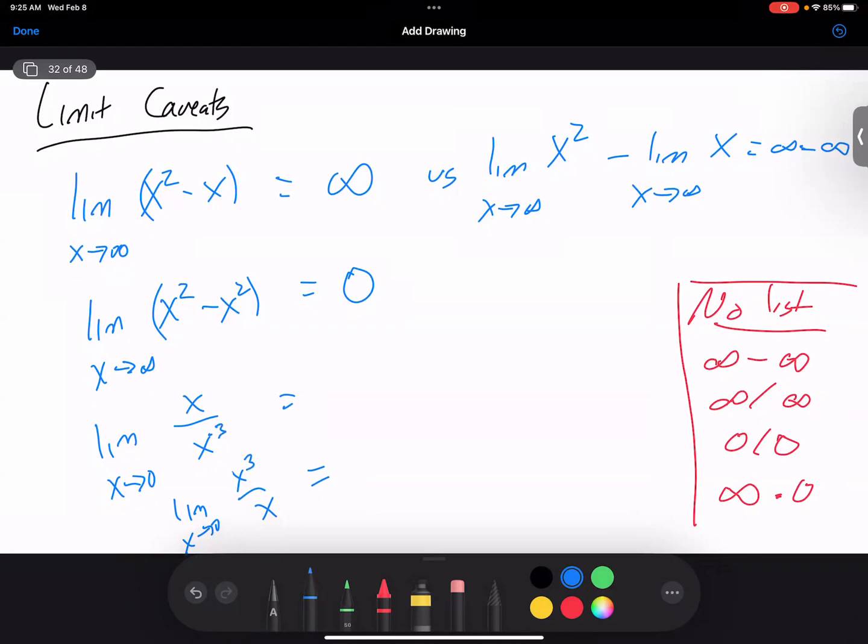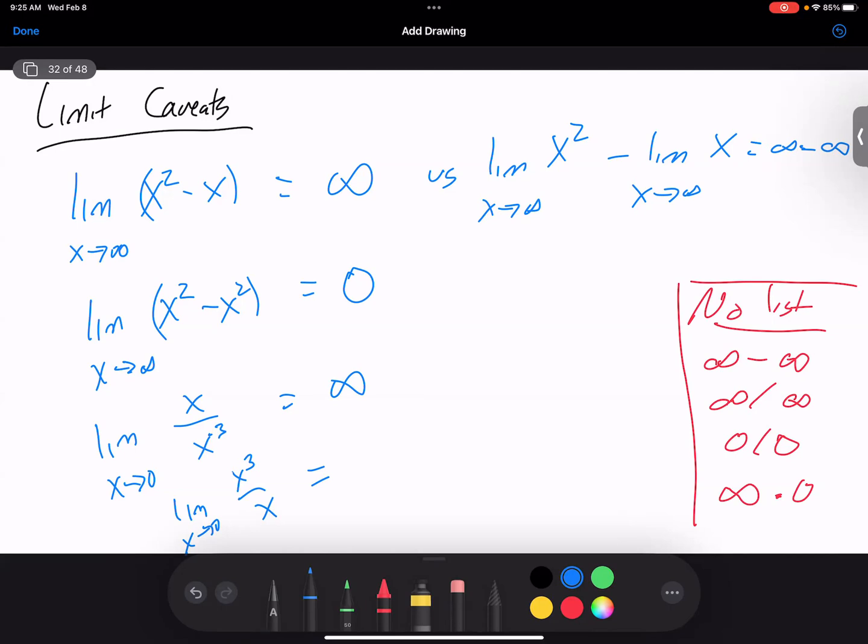So as x goes to 0, x over x cubed is the same as 1 over x squared. What happens with 1 over x squared as x gets really, really small? Yeah, that's going to go to infinity. If I just gave you x over x squared, there would be 1 over x. It could be going to positive infinity if x is positive, negative infinity if x is negative. So I'll just make it this way to be a little bit nicer.